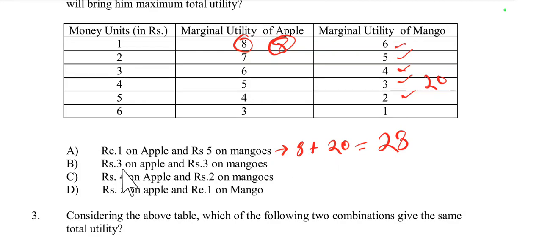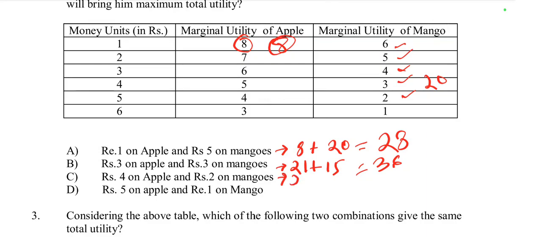Then the second combination, apple 3 and mango 3. Apple 3 means 8, 7, 6, which is equal to 21, plus mango 3, which is 6, 5, 4, equal to 15. So 21 plus 15 is equal to 36. Then the third combination, apple 4 and mango 2. Apple 4 means 8, 7, 6, 5, which is equal to 26.